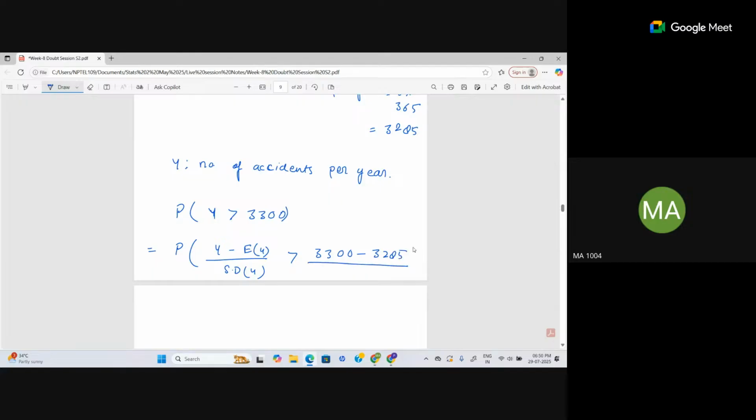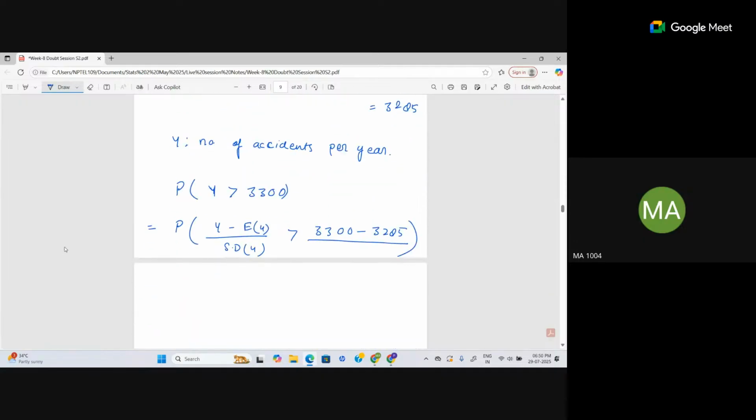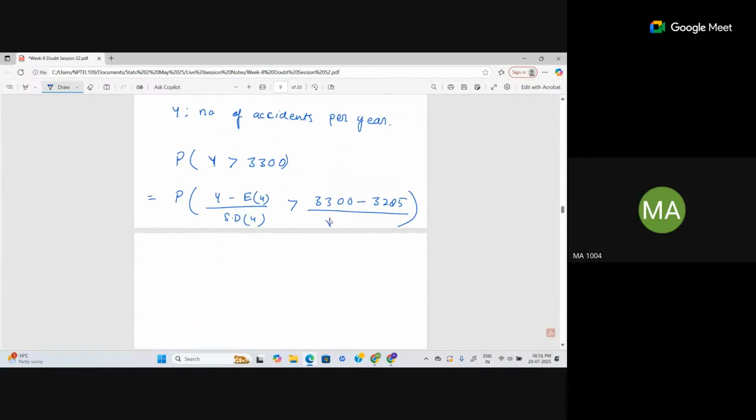Similarly, what will be the variance? 3285 only, right? Yes, because for Y the lambda will be 3285 only. Now we have to divide by the square root of the variance.